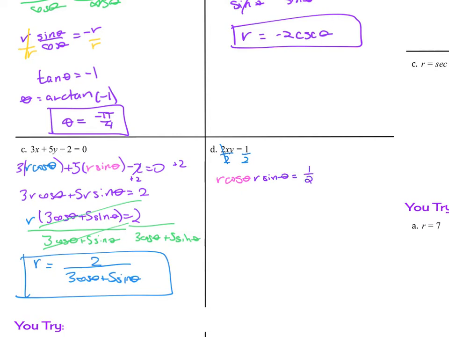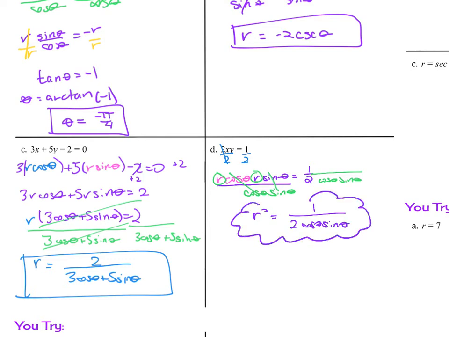So the r's I can multiply together, and let's go ahead and divide by cosine theta, sine of theta, since it's in the denominator here. And we have r times r here, so that becomes r squared. So r squared equals 1 over 2 cosine theta sine of theta, and we just leave it like that. Don't take the square root or anything like that.